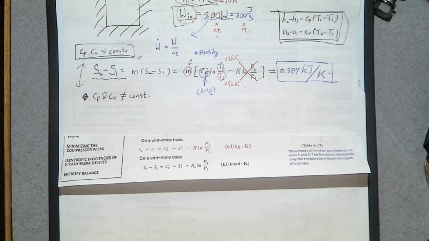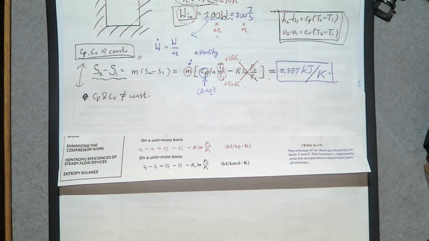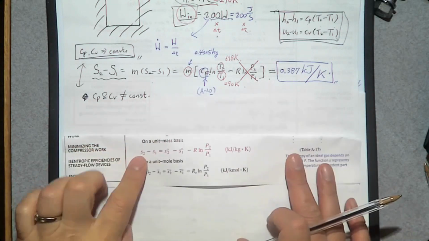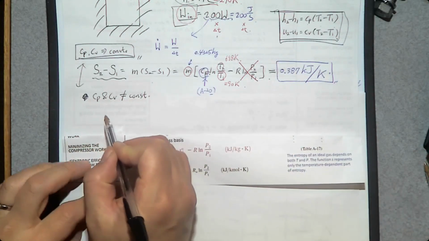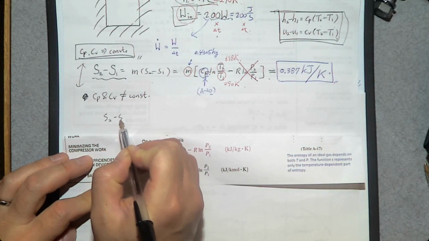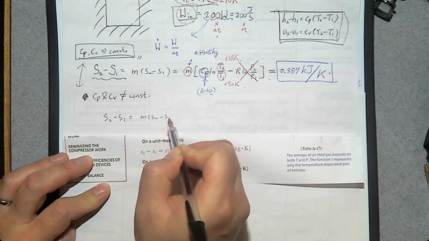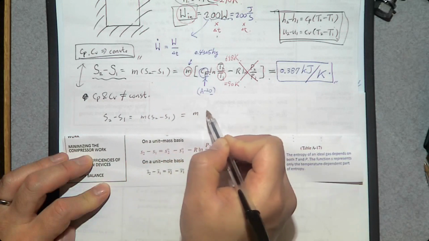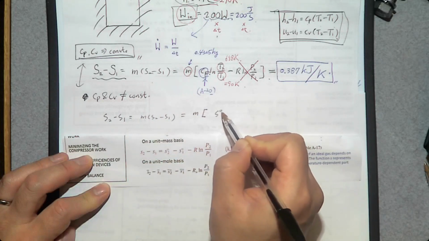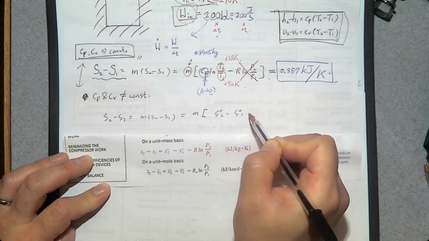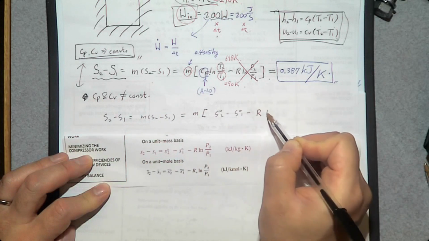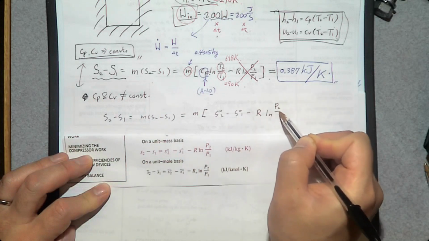S2 minus S1 is S degree 2 minus S degree 1 minus R natural log P2 over P1. So let me write this equation here. S2 minus S1 is mass times S degree 2 minus S degree 1 minus gas constant R natural log P2 over P1.